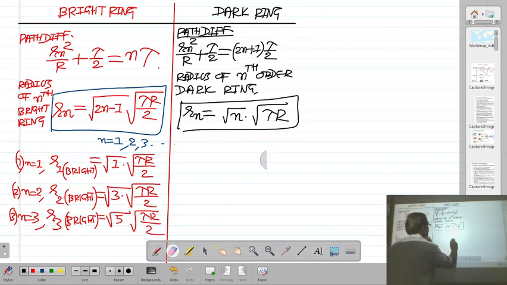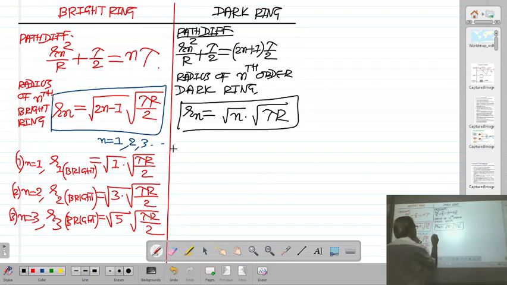Okay, so if you are asked to calculate the radius of the bright ring, you have to use the equation under root 2n minus 1 under root lambda r by 2, and the radius of the nth number dark ring Rn is under root n, under root lambda r.